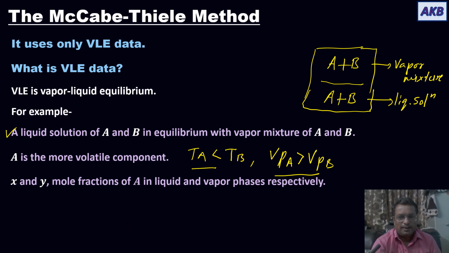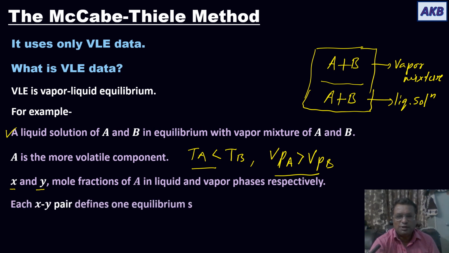So in this case, x and y are equilibrium mole fractions of A, mole fractions of A in liquid and vapor phases that are in equilibrium with each other.